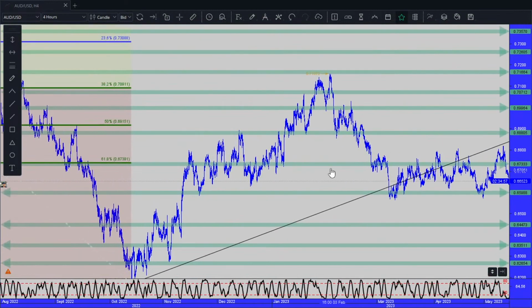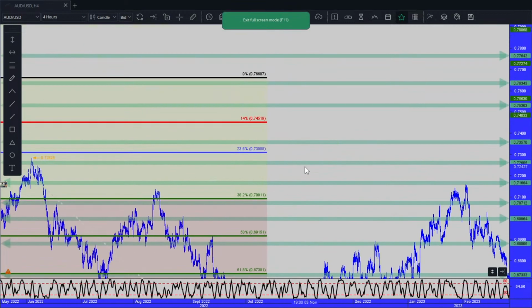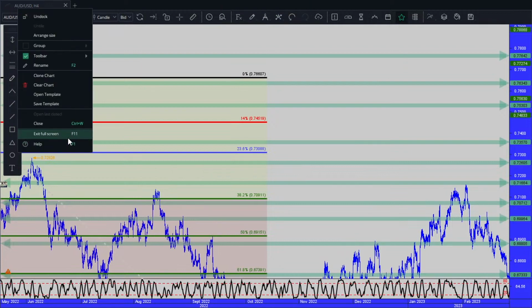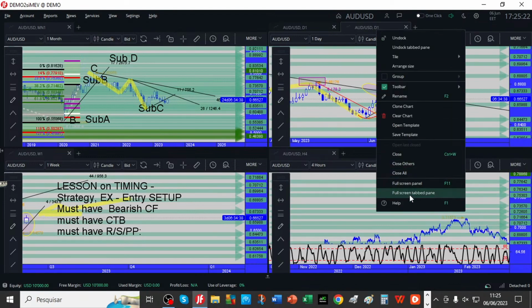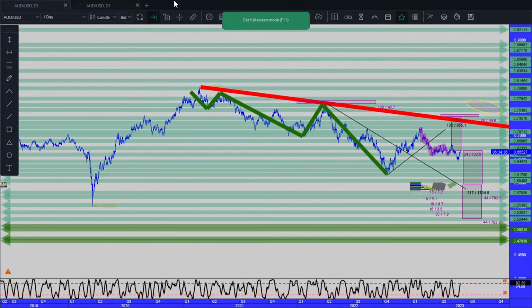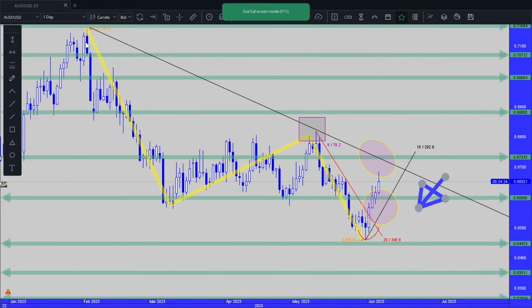Alright. Does anybody have the Fibonacci original one to share A, B, C, D with me? Let me see if this is the daily. Not this one.